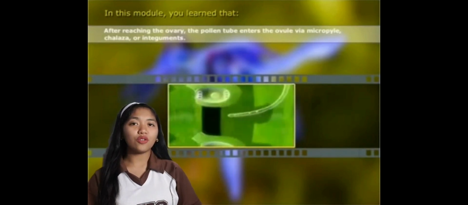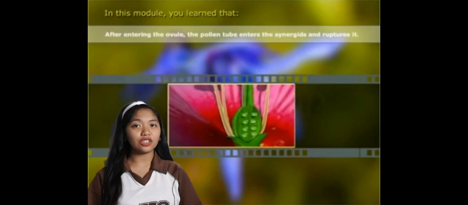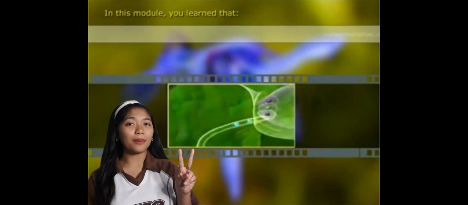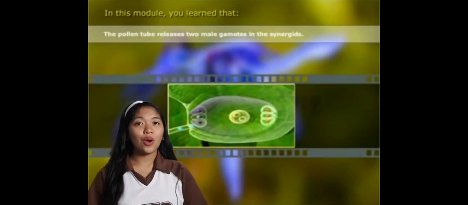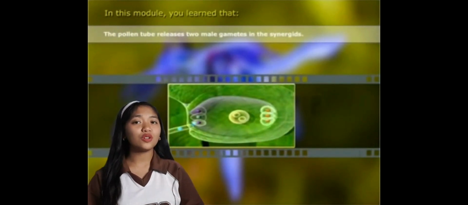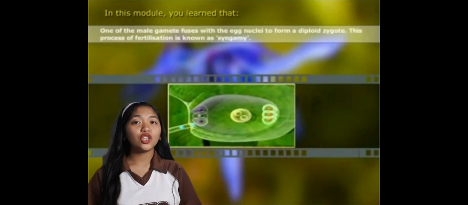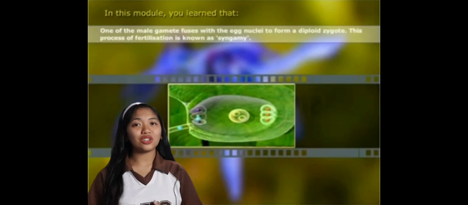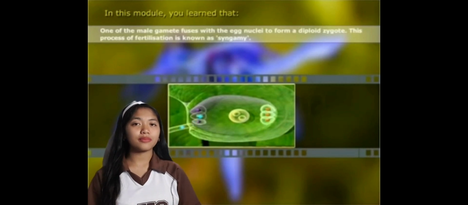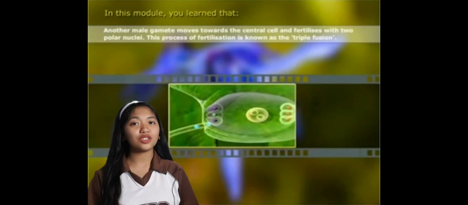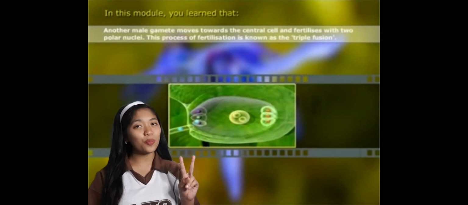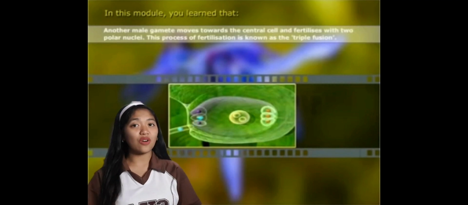After entering the ovule, the pollen tube enters the synergids and ruptures them. The pollen tube releases two male gametes in the synergid. One of the male gametes fuses with the egg nucleus to form a diploid zygote. This process of fertilization is known as syngamy. Another male gamete moves towards the central cell and fuses with the two polar nuclei. This process of fertilization is known as triple fusion.